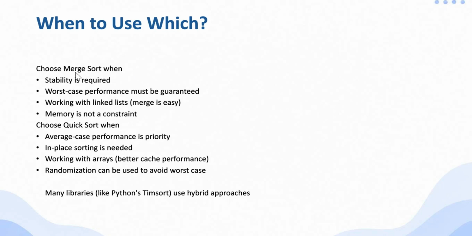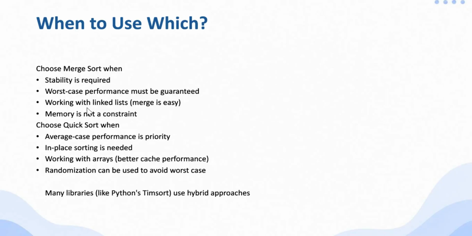You need to choose merge sort when stability is important, meaning equal elements must keep their original order. It's also a better choice when you need guaranteed worst-case time complexity like O(n log n), right? When working with a linked list, which we'll be discussing later in this session, where merging is efficient, or when additional memory is not a concern, right?